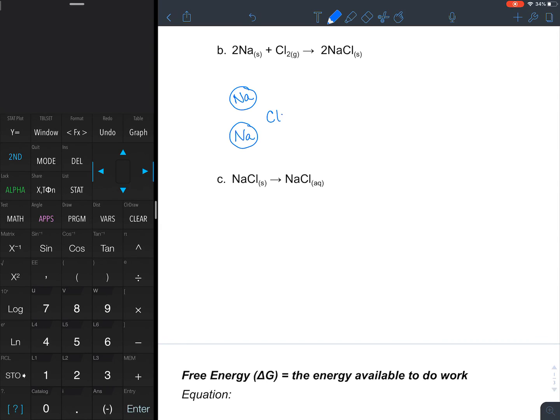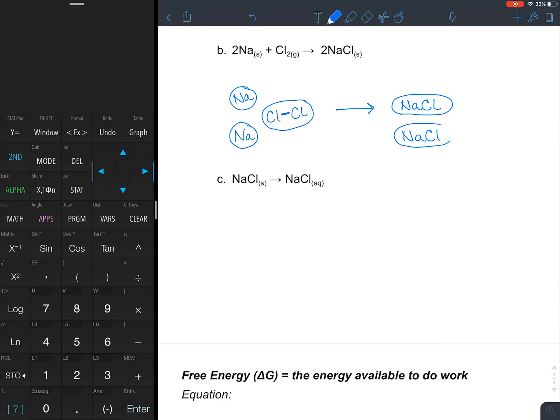Maybe we'll do this: Cl bonded to another Cl. And this is one entity because they're bonded together on the left. And then on the right, I end up with two sodium chlorides. So I'm going to have an NaCl bonded together, and then a second NaCl bonded together.